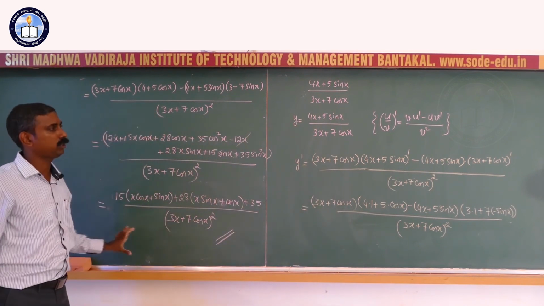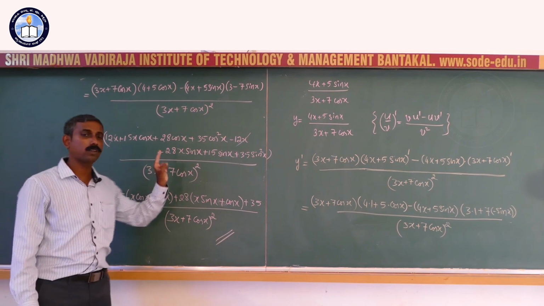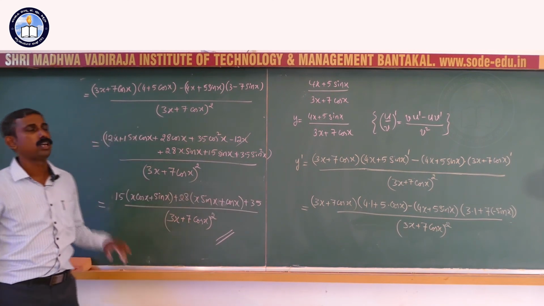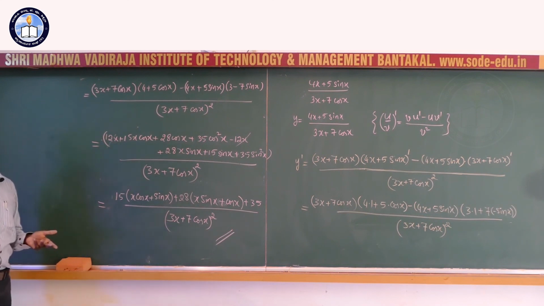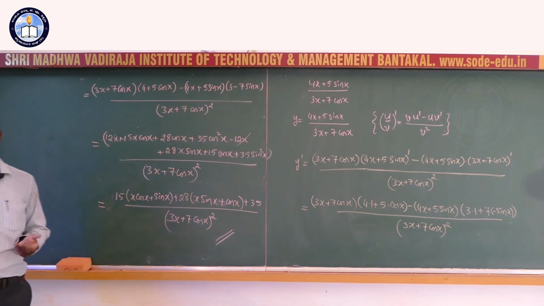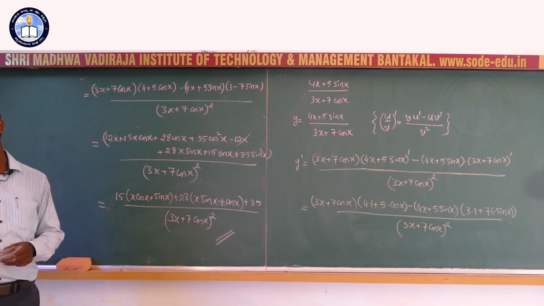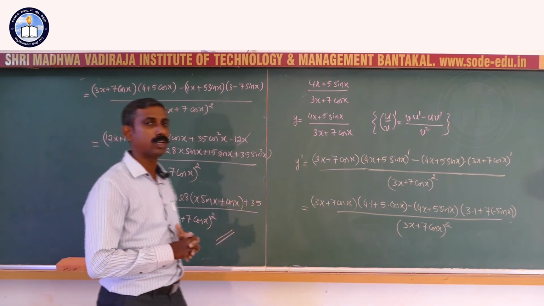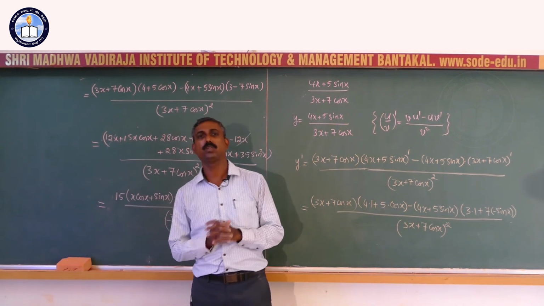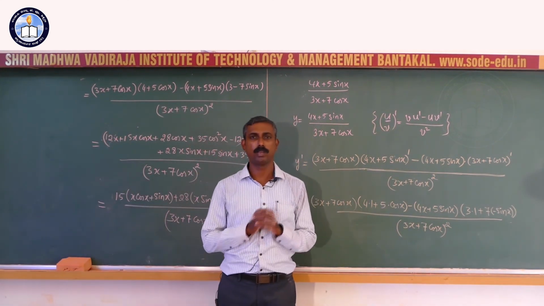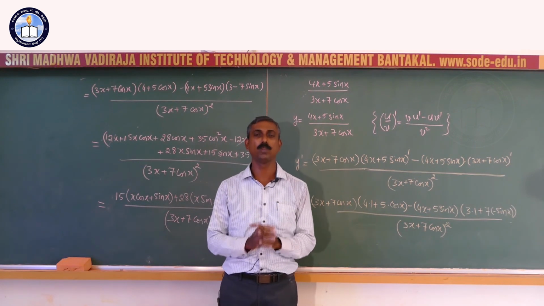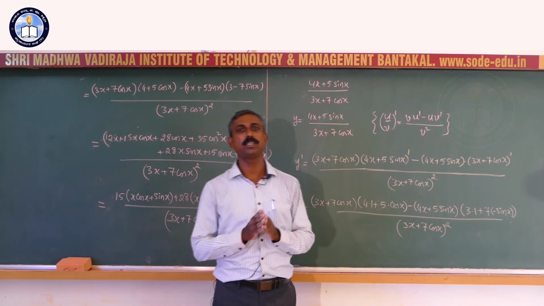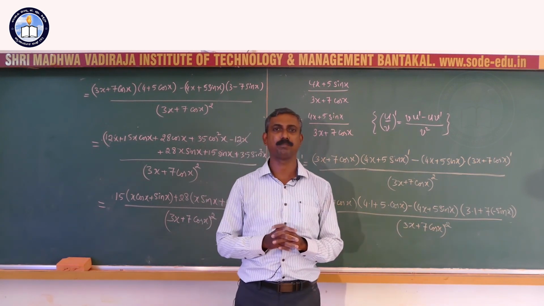The simplification part contains application of trigonometric identities like cos square x plus sin square x is equal to 1, cos square x minus sin square x is equal to cos 2x, and sin 2x is equal to 2 sin x cos x, etc. Overall, whenever you have to find derivatives, you have to use the basic identities, basic rules such as the quotient rule, product rule, and derivatives of the standard functions.